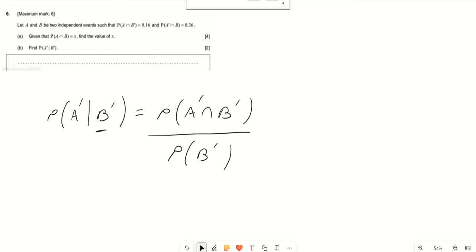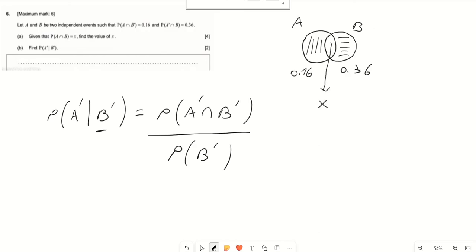And now, in order to have numbers for those probabilities, we're going to use the Venn diagrams again. So we had A and B, and we know that this was 0.16, and this was 0.36, and the intersection, that was x, and it was 0.24.